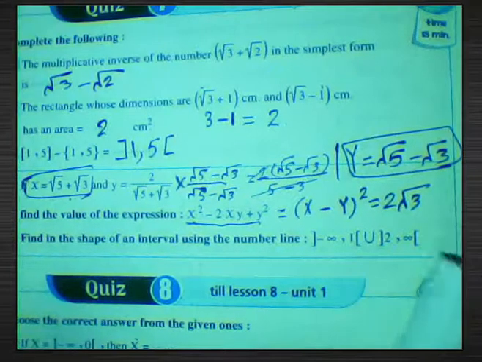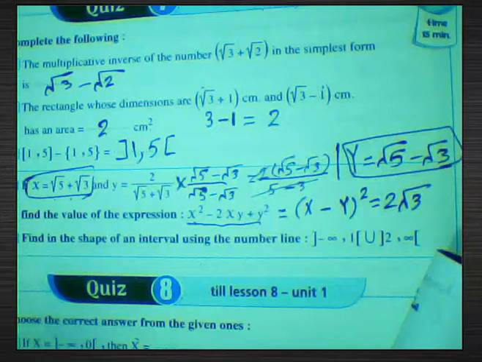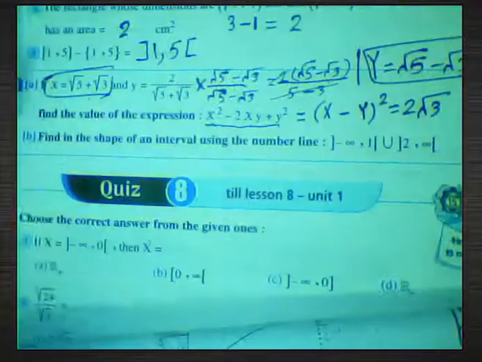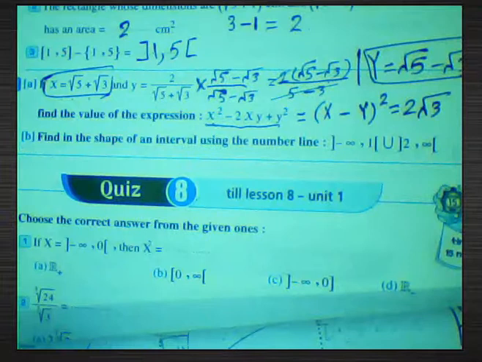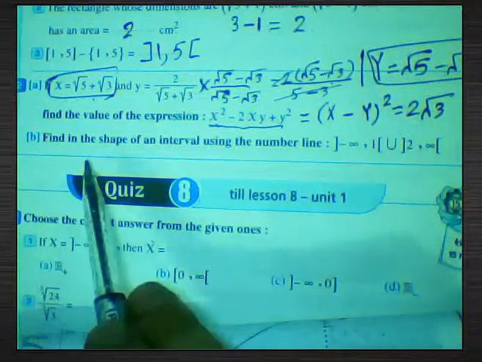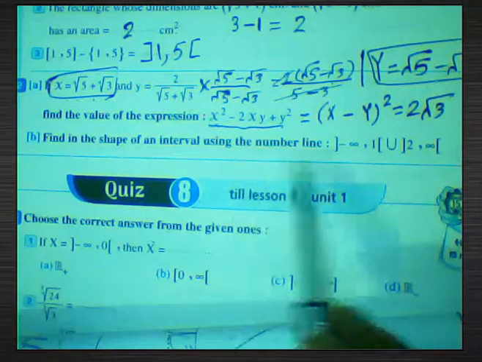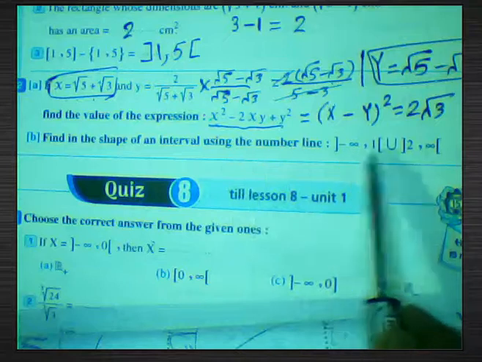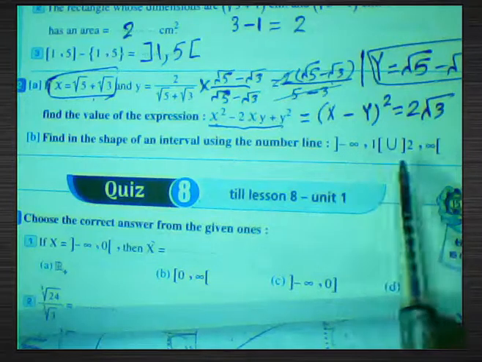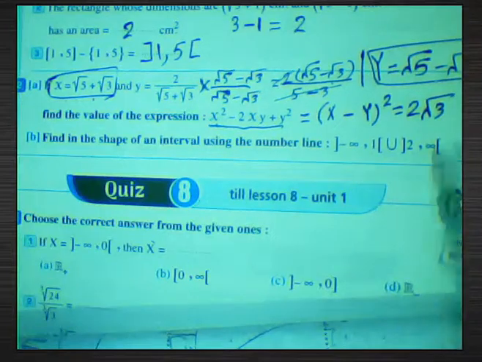Question number B. Find the shape of an interval using the number line: the open interval from negative infinity to 1, union the open interval from 2 to infinity.